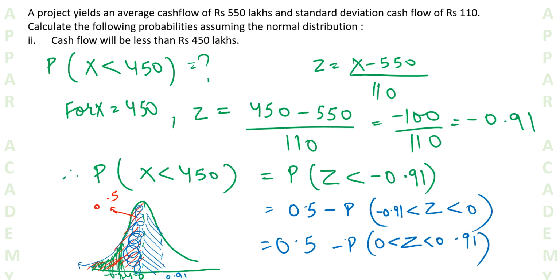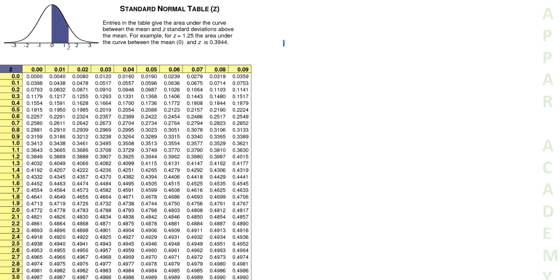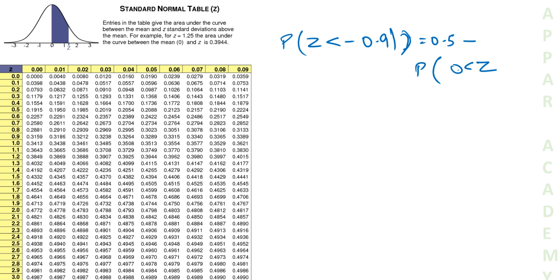We have already covered this in our previous videos also. So let's write it down again: the probability that Z is less than minus 0.91 is equal to 0.5 minus the probability that z lies between 0 and 0.91.